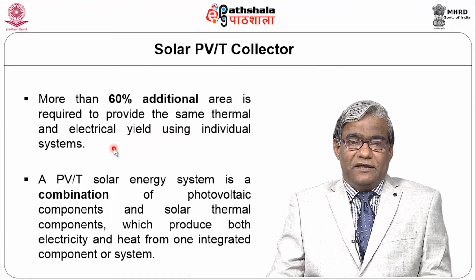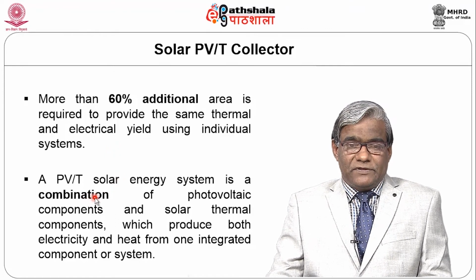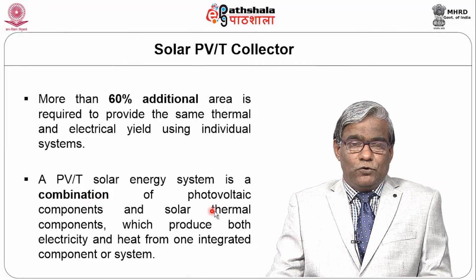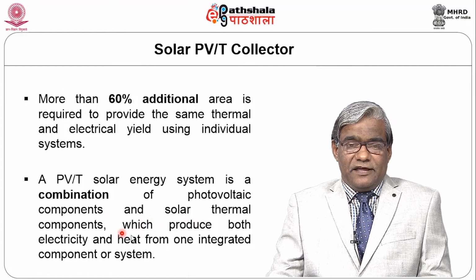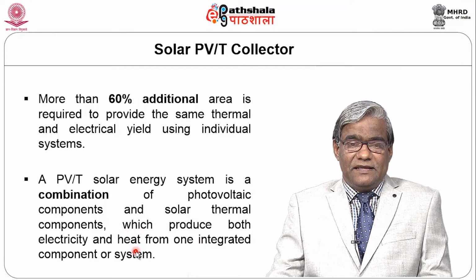So when we have separate systems for thermal and electricity applications, we need extra area of about 60%. PVT technology is a combination of photovoltaic components and solar thermal components, which produce both electricity and heat from one integrated component or system.